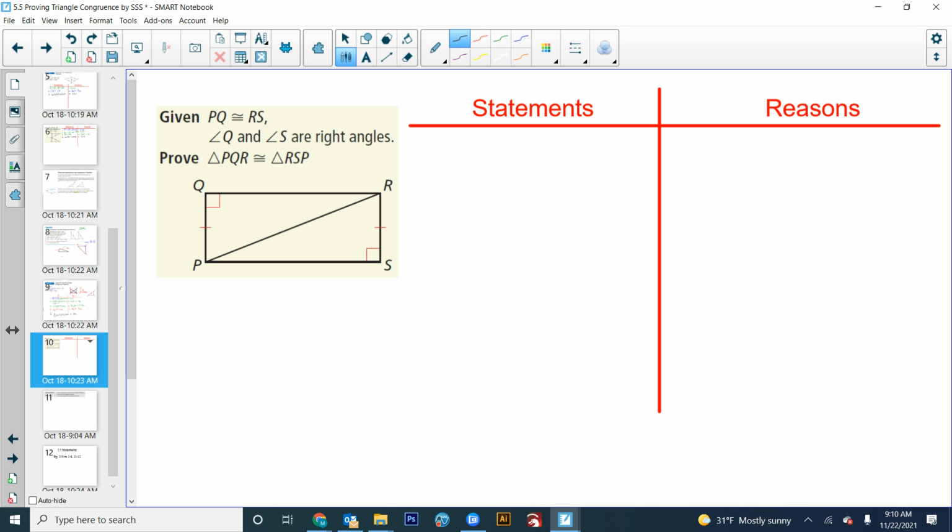Last one for today. PQ is congruent to RS. Given. Now they got us a step closer on this one. They told us angle Q and angle S are right angles.